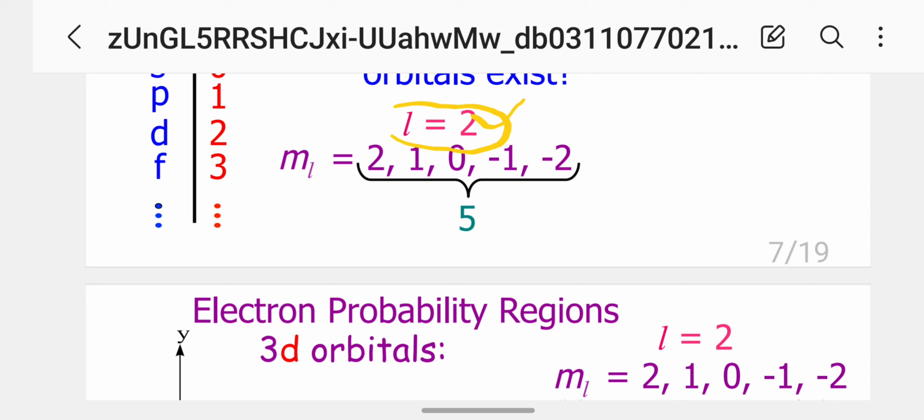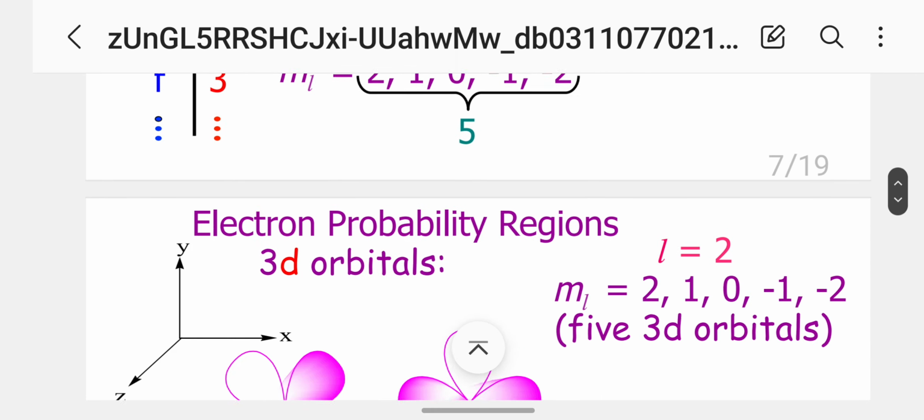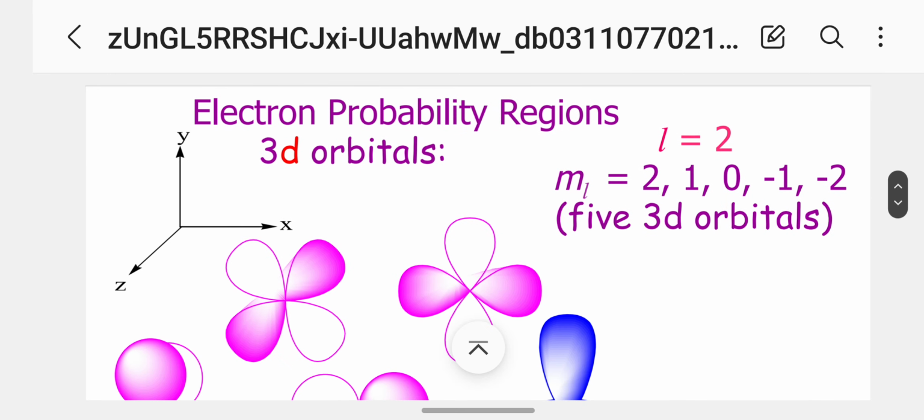That is the integral multiple you can see here on the left side, and we have the proper value for the integral multiple of magnetic quantum number. So let us illustrate the diagrammatic representation of 3D orbital electron probability regions, or clouds of 3D orbitals.